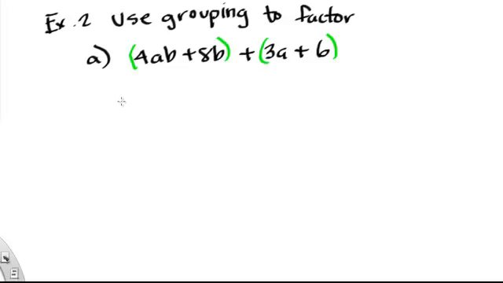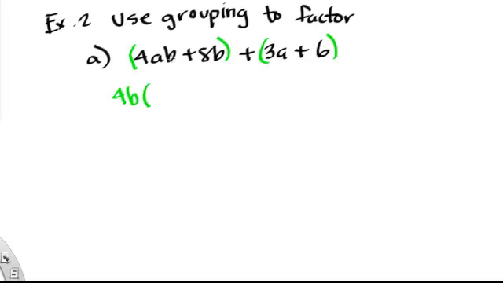So the way that I write this out, I think of a number that will divide both of these terms in this first set of parentheses. I know 4 will divide them, but the other bigger number, or the variable that will divide them, will also be b, because they have those b's in common, and both 4 and 8 are divisible by 4.